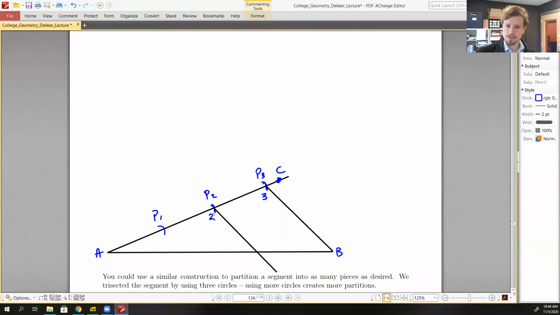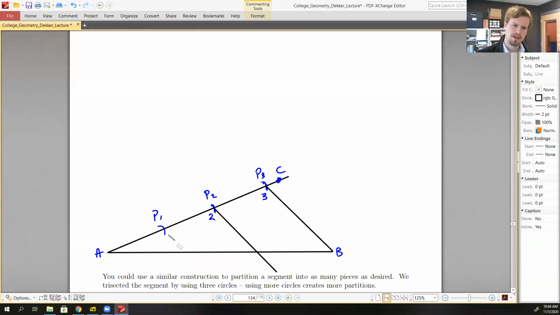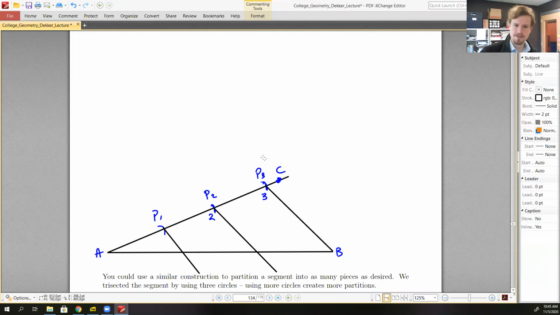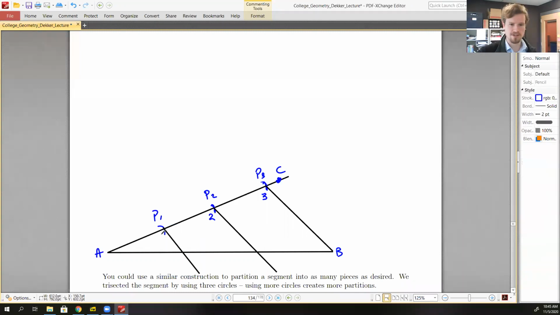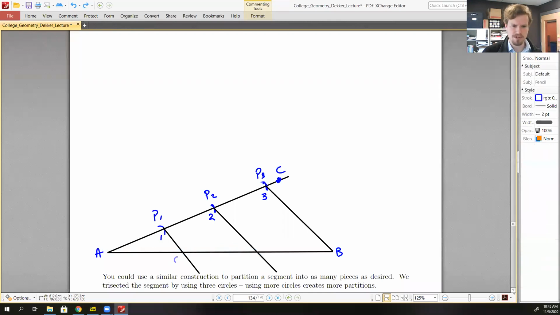Angle 2 occurs at P2, and then we copy that angle one more time to pass through P1. That looks about right. Of course, that gives us angle 1. And these intersection points are exactly the points that we're interested in, Q1 and Q2.